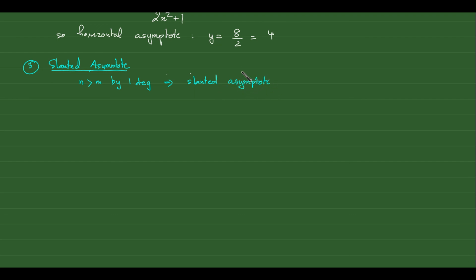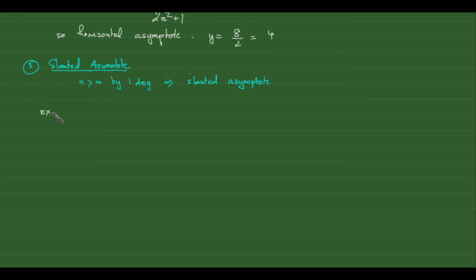If the degree on the top is 3 and the degree at the bottom is 1, we don't have it. If the degree on the top is 3 and the degree at the bottom is 2, yes, we do have a slanted asymptote. If the degree on the top is 2 and the degree at the bottom is 1, yes, because it's only greater by 1 degree. If it is greater by more than 1 degree, then we don't have a slanted asymptote. Okay, but for example, I have something like this.